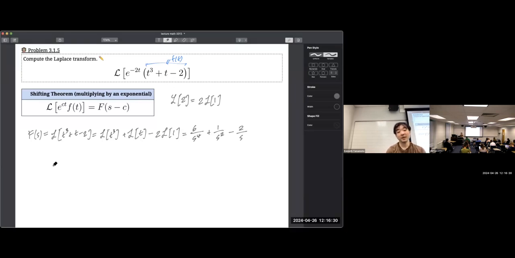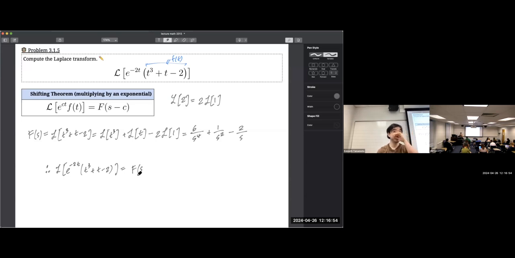But then you're going to use the shifting theorem, so you're basically going to say the Laplace transform of the thing we want, which is this giant thing, is exactly the Laplace transform we just computed, shifted by how much? So it's going to be s plus or minus what here?